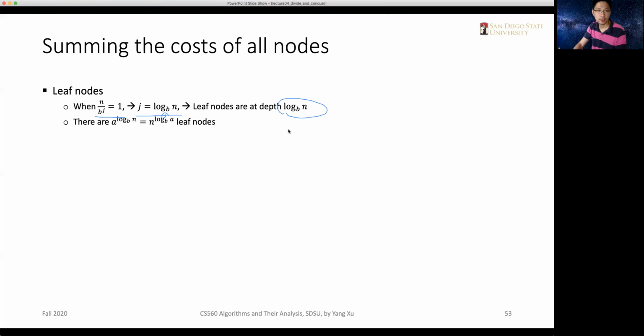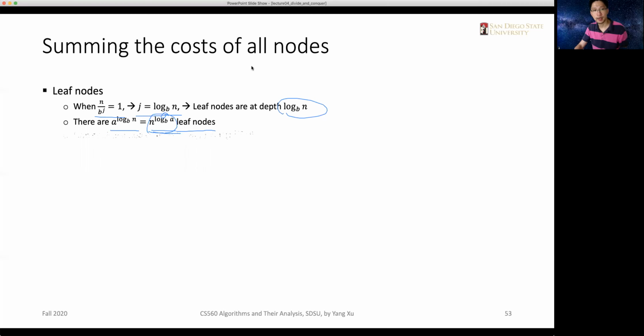There are a to the power of log base b of n leaf nodes. If we switch the base and the number within the logarithm, it becomes n to the power of log base b of a. So this is where n to the power of log base b of a comes from. It is actually the number of leaf nodes.